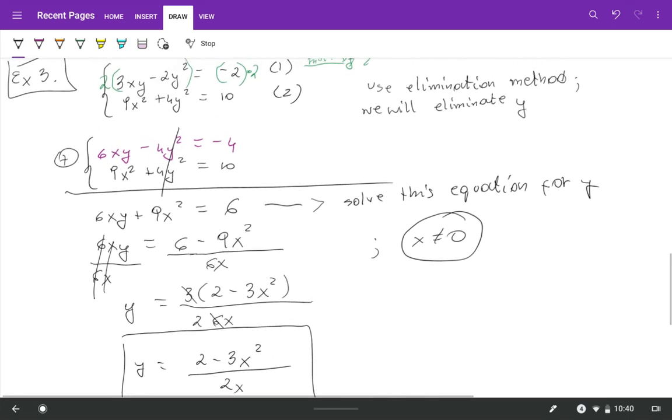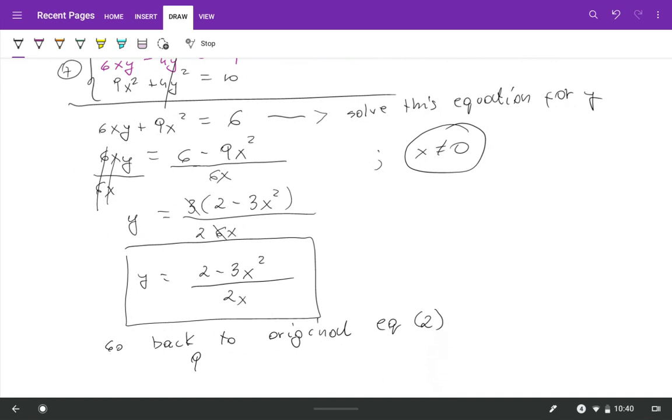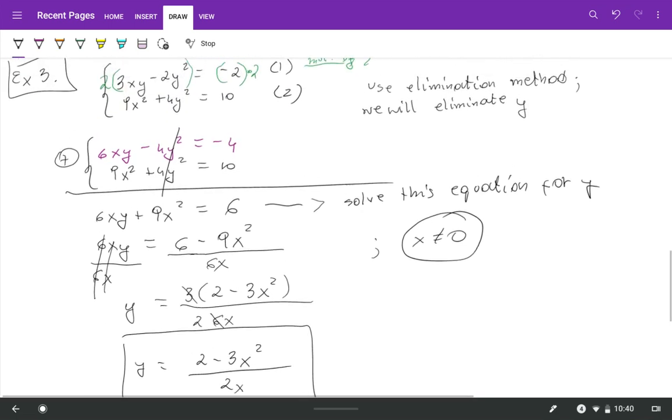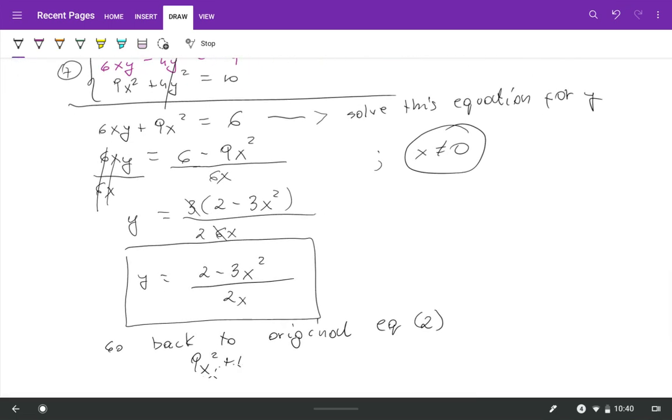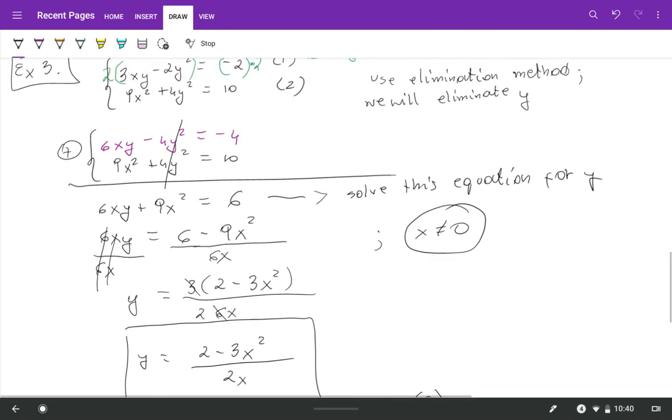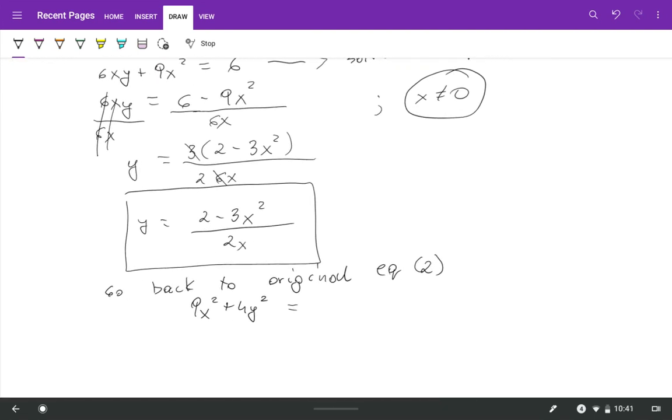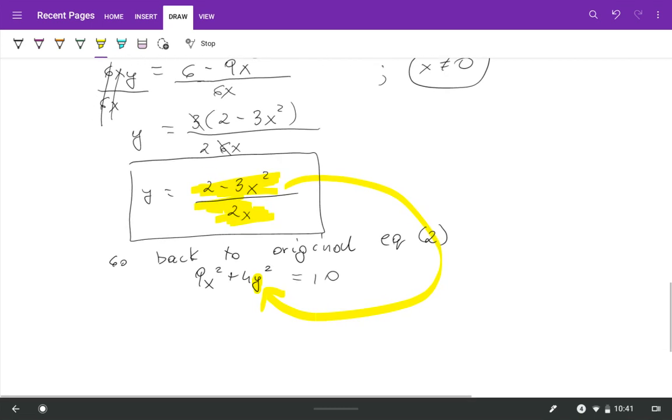So equation 2 is 9x squared plus 4y squared equal 10. And what we're going to do, we're going to replace this y with the expression 2 minus 3x squared divided by 2x. So we plug it in. Going to use the substitution.